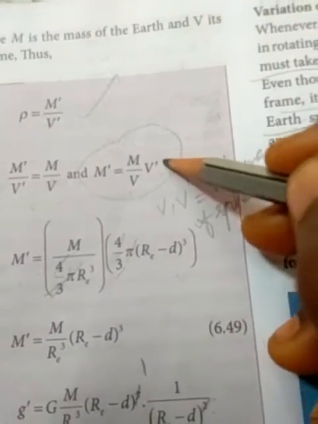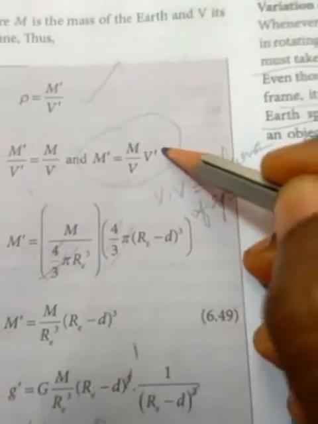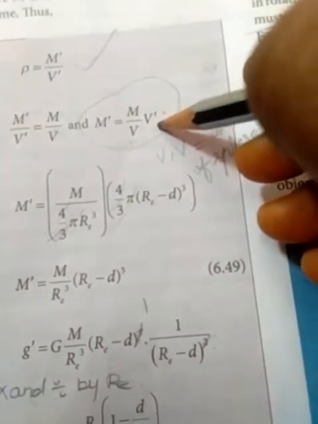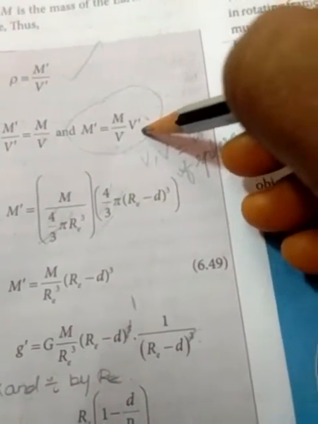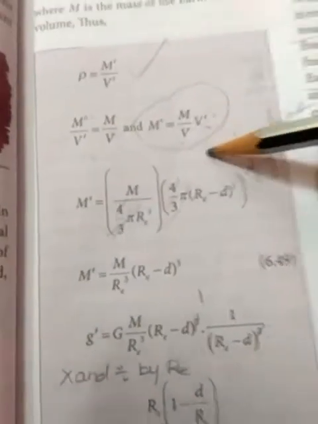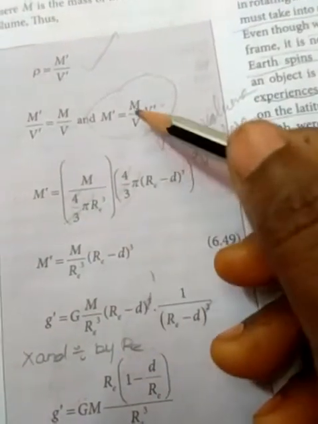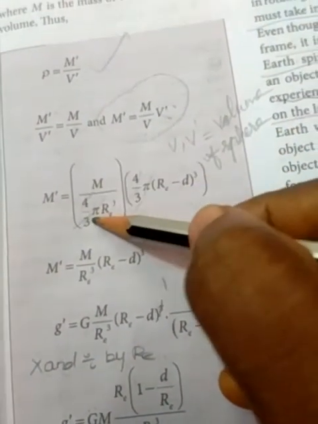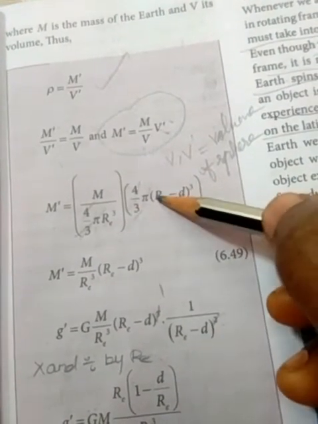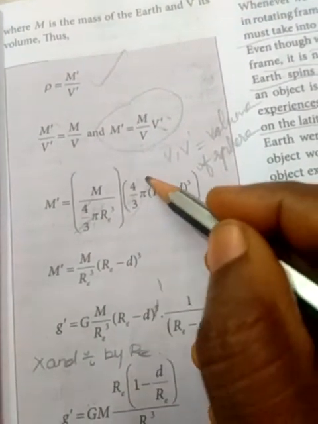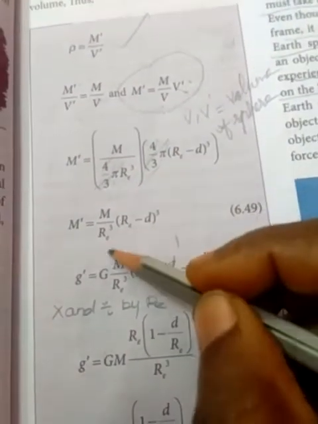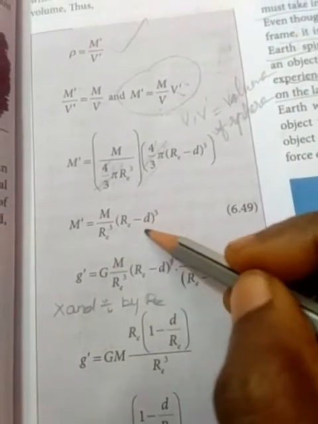So both are spheres, so use the volume of the sphere. You know the formula for the volume of the sphere: 4 by 3 pi r cube. Applying it to v and v dash, the 4 by 3 pi cancels, and the remaining is m by r cube into (r minus d) cube.